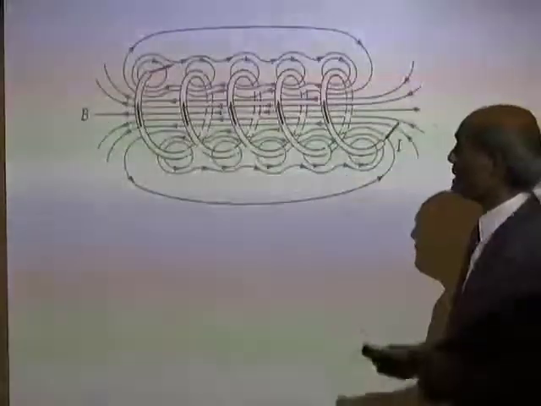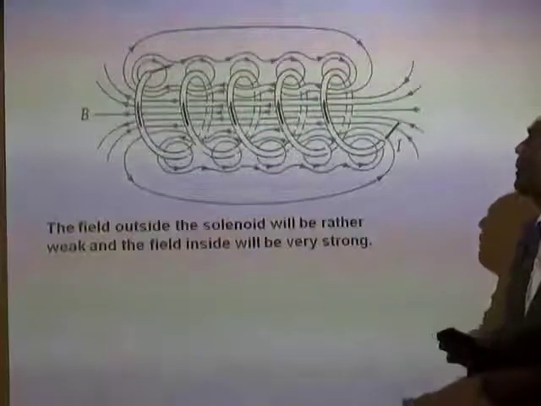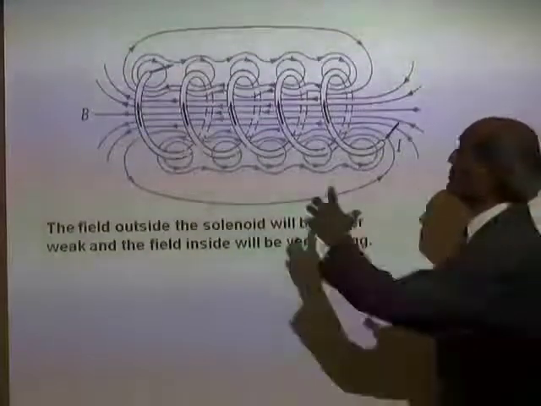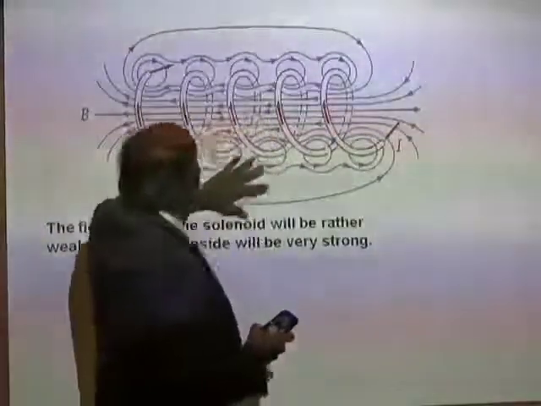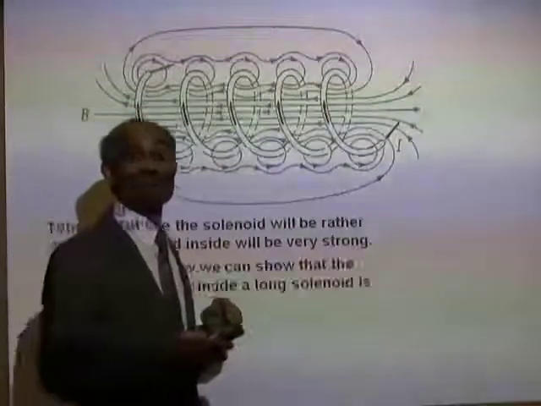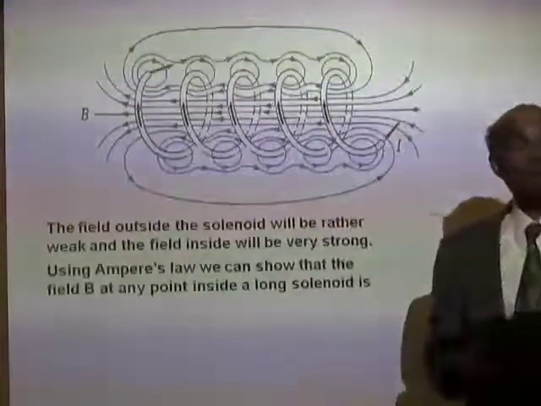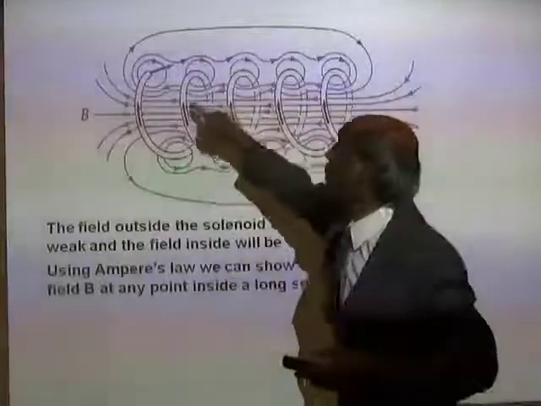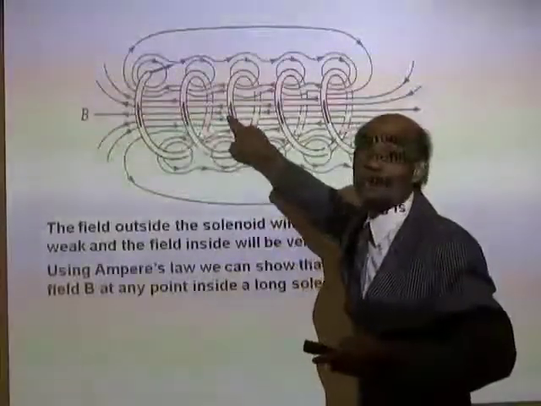Now this is actually an example of an electromagnet. You can see the field outside is rather weak and the field inside is very strong. Now using Ampere's law, we can actually obtain an expression for the field inside the solenoid.